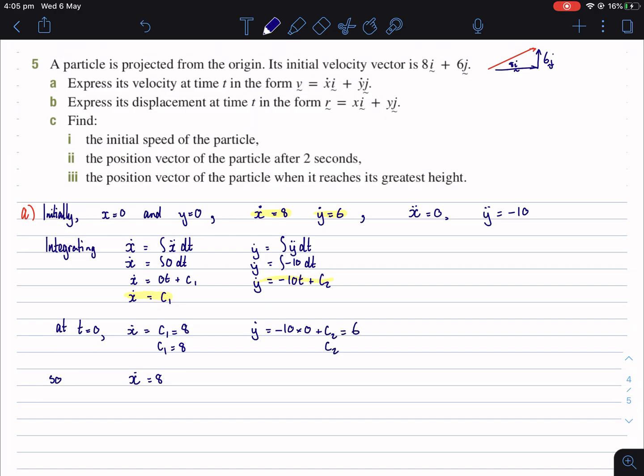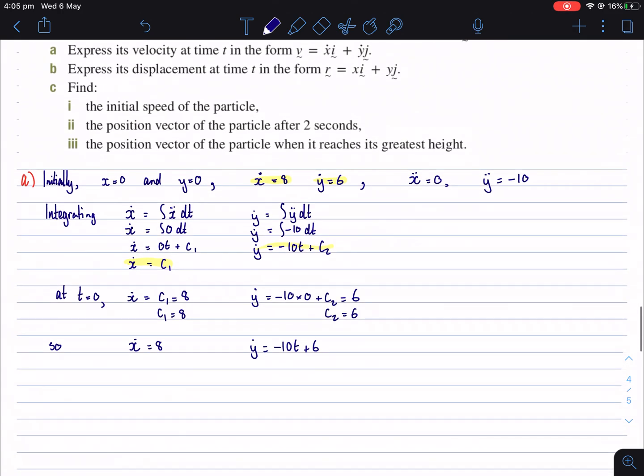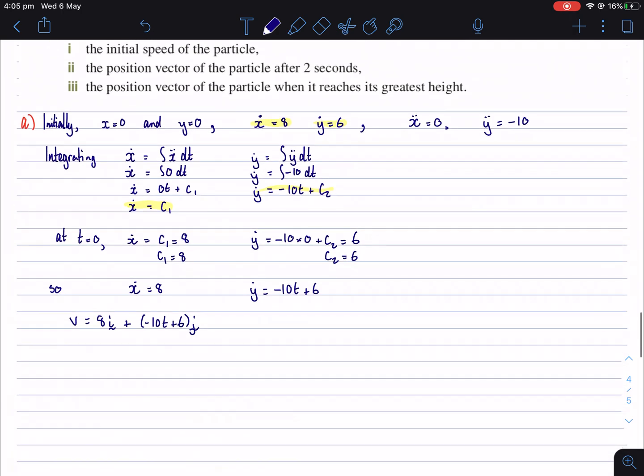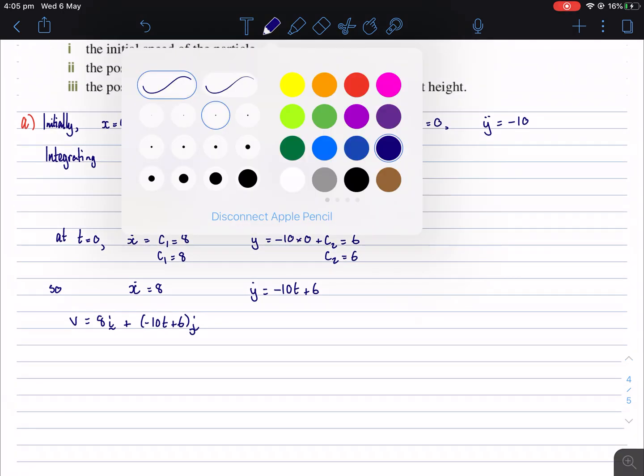So we know c2 equals 6, so we know the y component of the velocity is -10t plus 6. So we can express v as xi plus yj, so 8i plus (-10t plus 6)j. So if we expressed it how they wanted. Okay, question B.